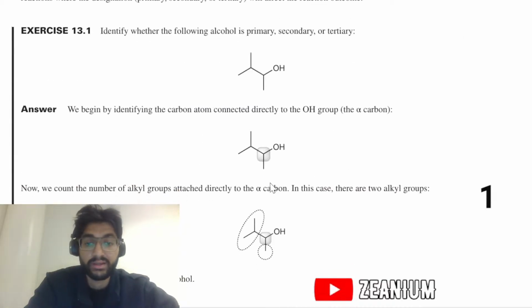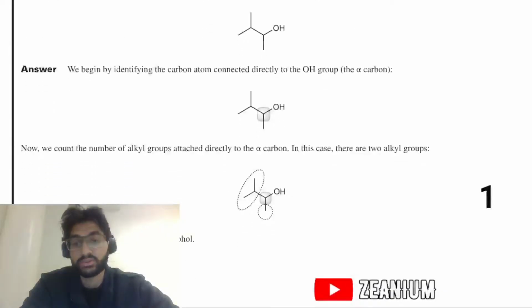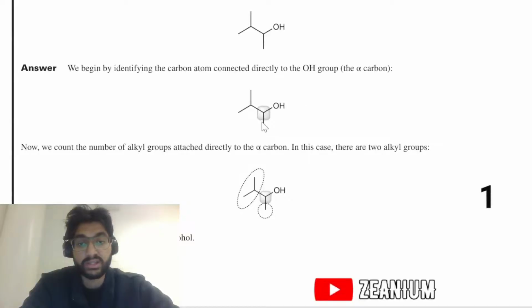There's going to be an example: identify whether the following alcohol is a primary, secondary, or tertiary alcohol. We can see here it has two branches, it has a carbon there, so that's a secondary alcohol. Oh, it's also this area, so that's a secondary alcohol.